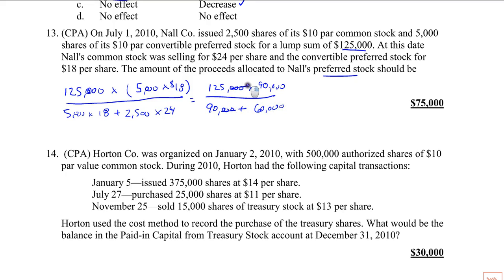Let me just get rid of some zeros. So it's 125 times 90 all over 150. And that should equal 75,000. Yep.